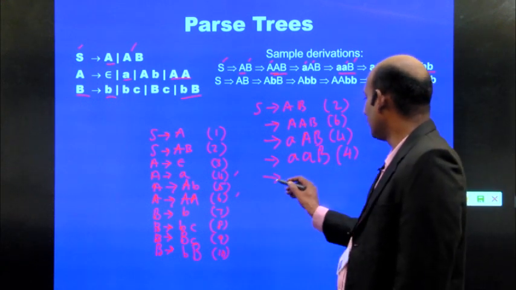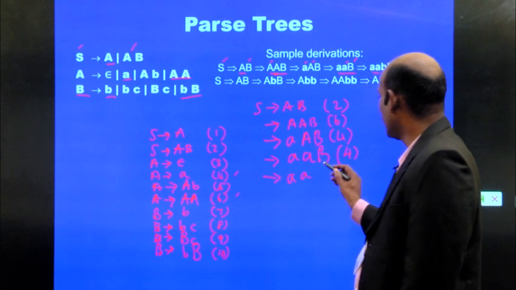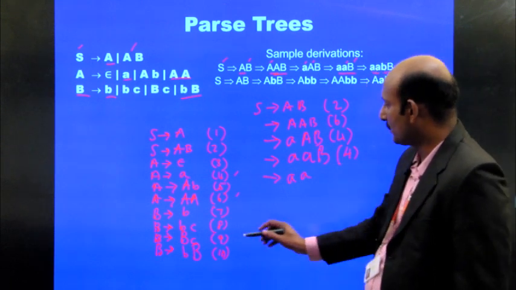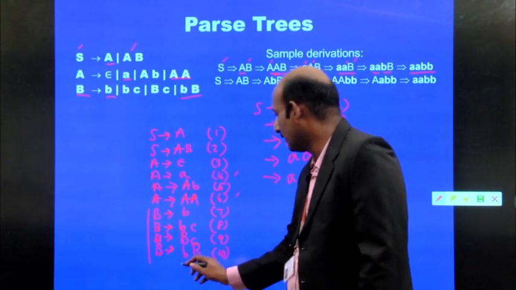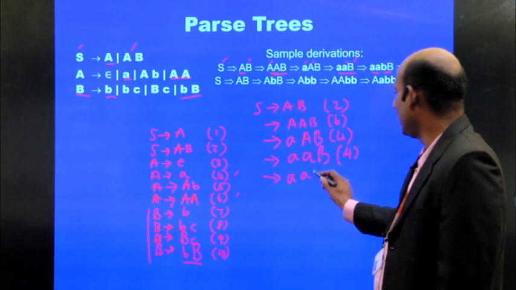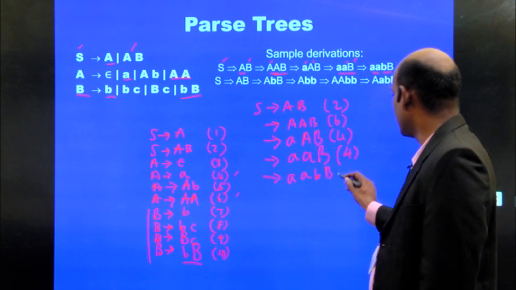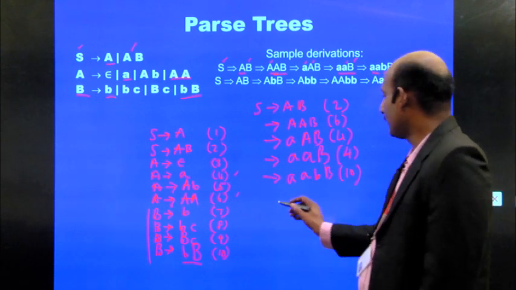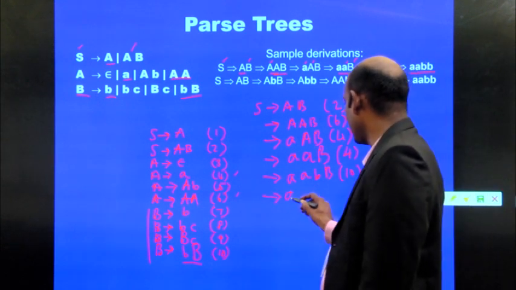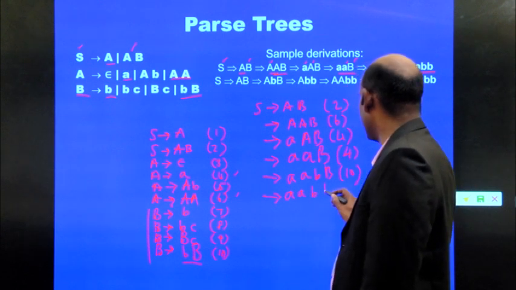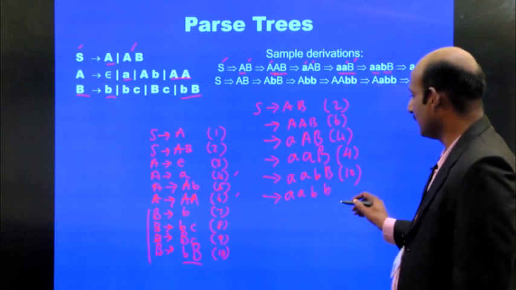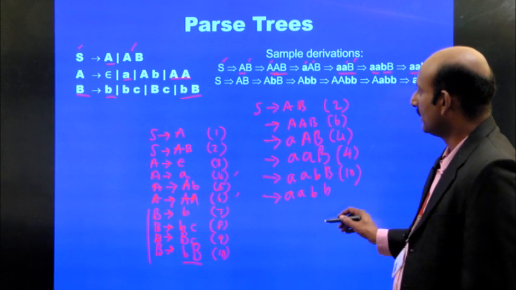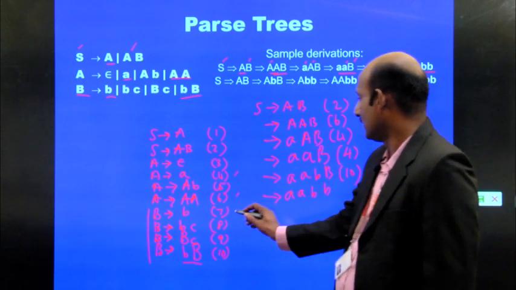Then we may go for replacing A, B. B has so many productions. Then we may take this B as per production number 10. Thereafter, we have A, B. The B is replaced by small b, that is as per 7.